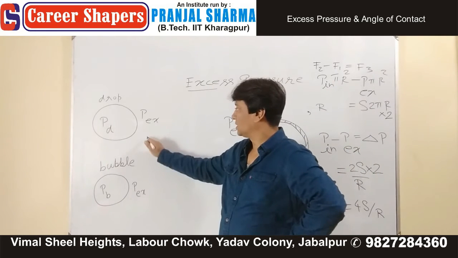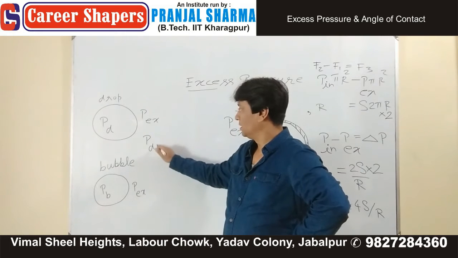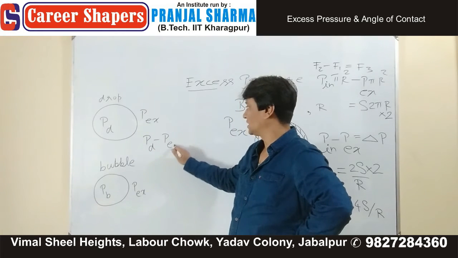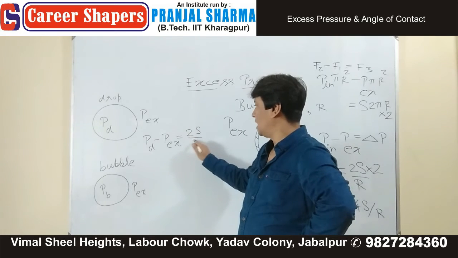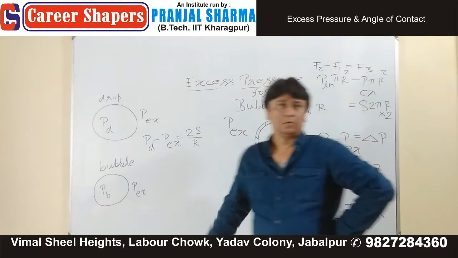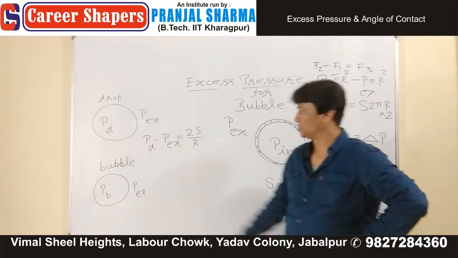So what is P internal minus P external? 2S upon R. Water, that means they have the same surface tension.